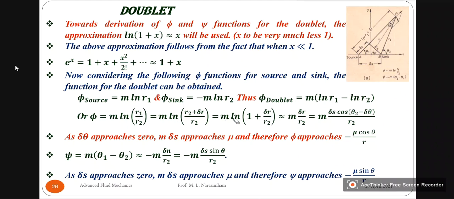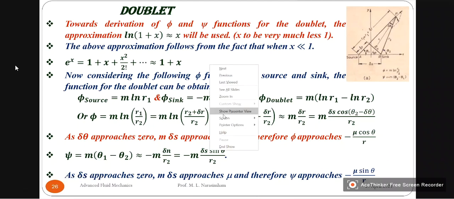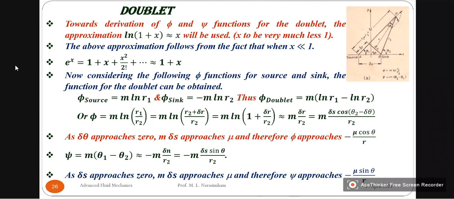Now, dividing by R2, what we get is m log 1 plus delta R by R2. Now we use here this approximation.